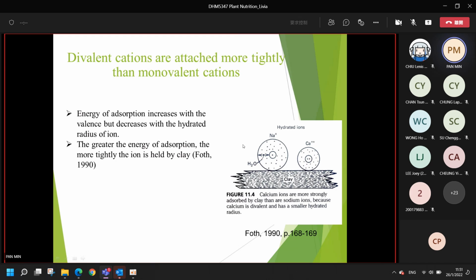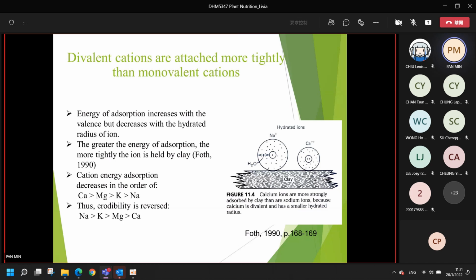It is the sodium, because, as we said, the higher the energy of adsorption, the higher the valence, the calcium ion or the magnesium ion, they have a stronger attraction on the mineral surface. So for this part of nutrient ions, it is not that easy for the roots to extract them from the mineral surface.